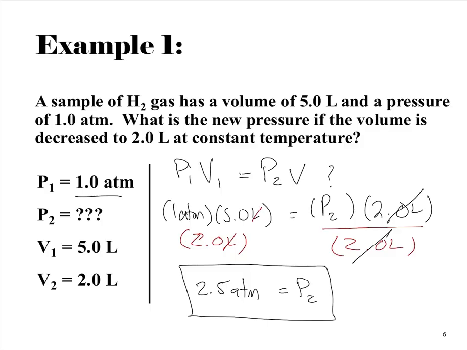Does this make intuitive sense? Well, for the volume to get much smaller, that means I had to add a lot more external pressure to the system, right? So that means I had to increase the pressure by 150% to get the volume change that we looked at. And that's because they're inversely related. So we try to build in a little bit of intuition and then use our intuition to understand our algebraic representation of this problem.